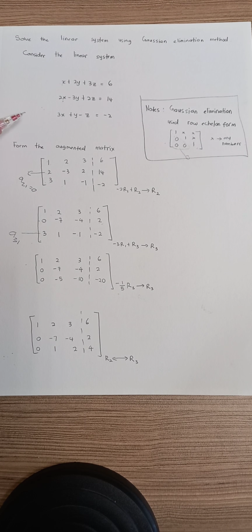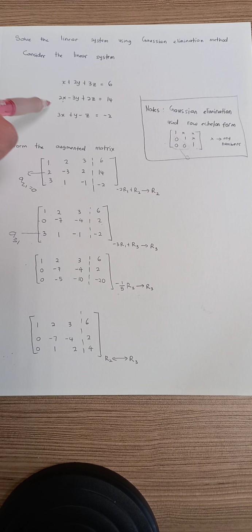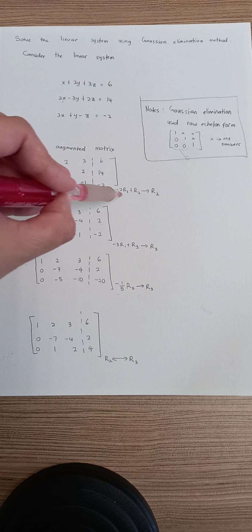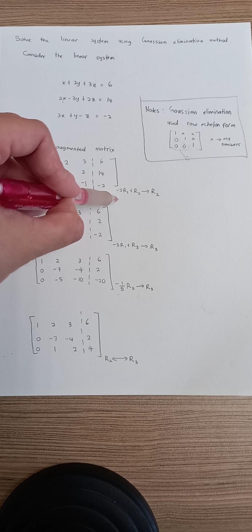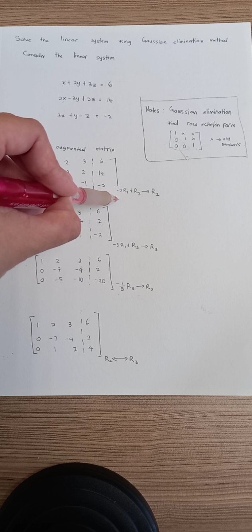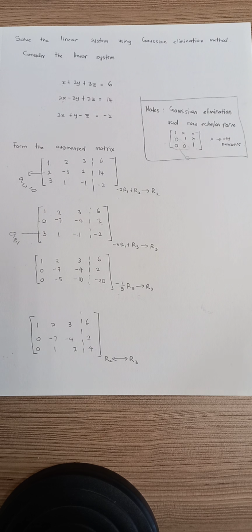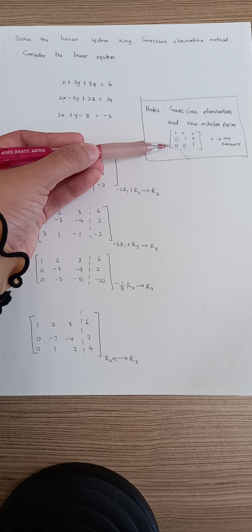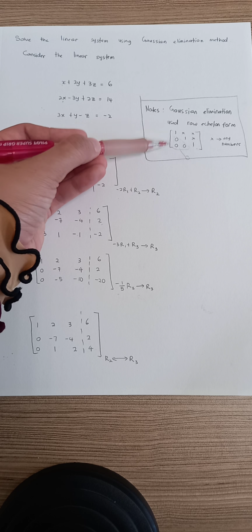First of all, we must transfer the system into matrix form. Then we use row elementary operations so that in the end it is in this form, the row echelon form.